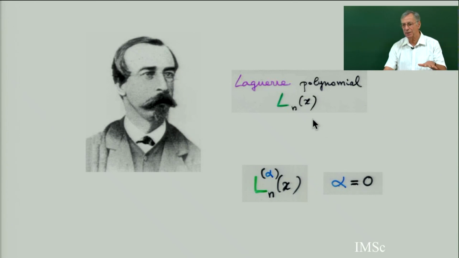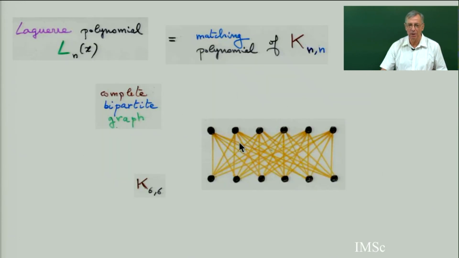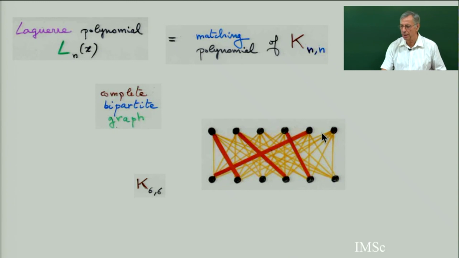And I will introduce L_n of x. It's not exactly the same as the classical Laguerre. In fact, there is an n factorial factor and a minus 1 power n, but it's almost the same. So for me, the Laguerre polynomial here, L_n of x, will be exactly the matching polynomial of the complete bipartite graph K_{n,n}. For example, this is a possible matching of the complete bipartite graph.